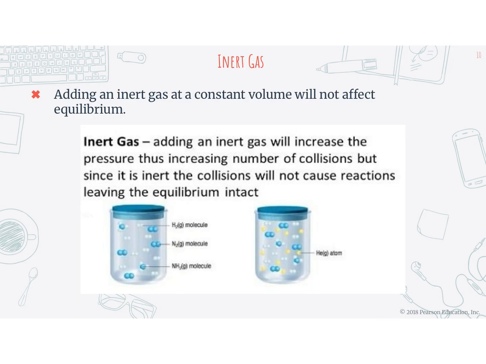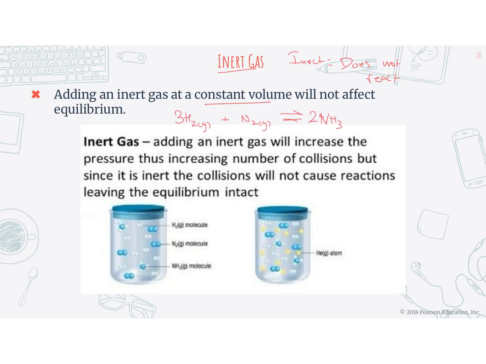Another important thing to note here is that if you add some sort of inert gas, inert meaning does not react, and you keep the volume constant, then this has no effect on the equilibrium. And so let's take the same example we've been talking about, 3H2 gas plus N2 gas in equilibrium with 2NH3.